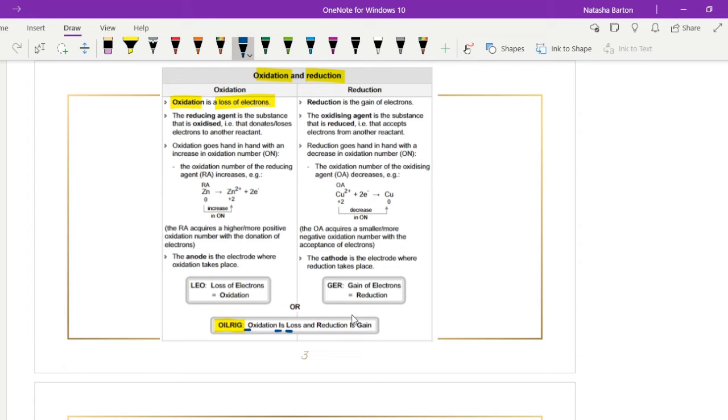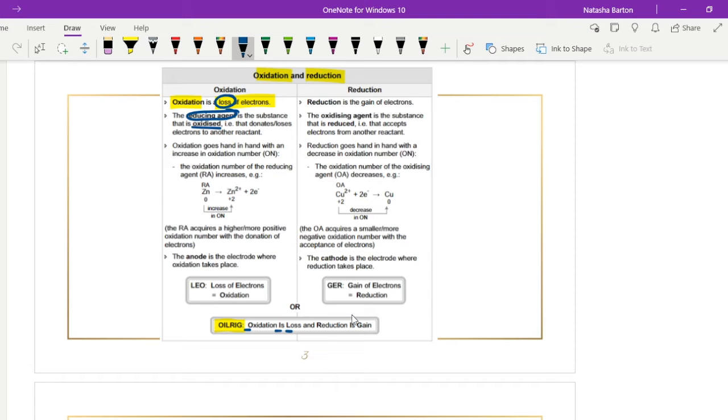When we have an oxidation half reaction, some substance is losing electrons. The substance that loses its electrons is called the reducing agent. So we say the reducing agent is the substance that is oxidized. It is the reducing agent because it causes another substance to be reduced.